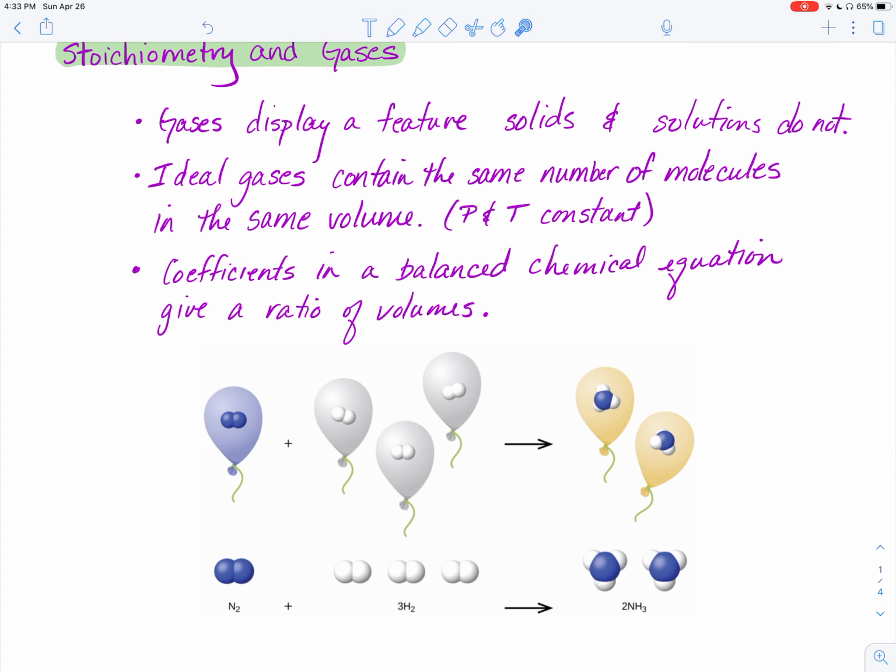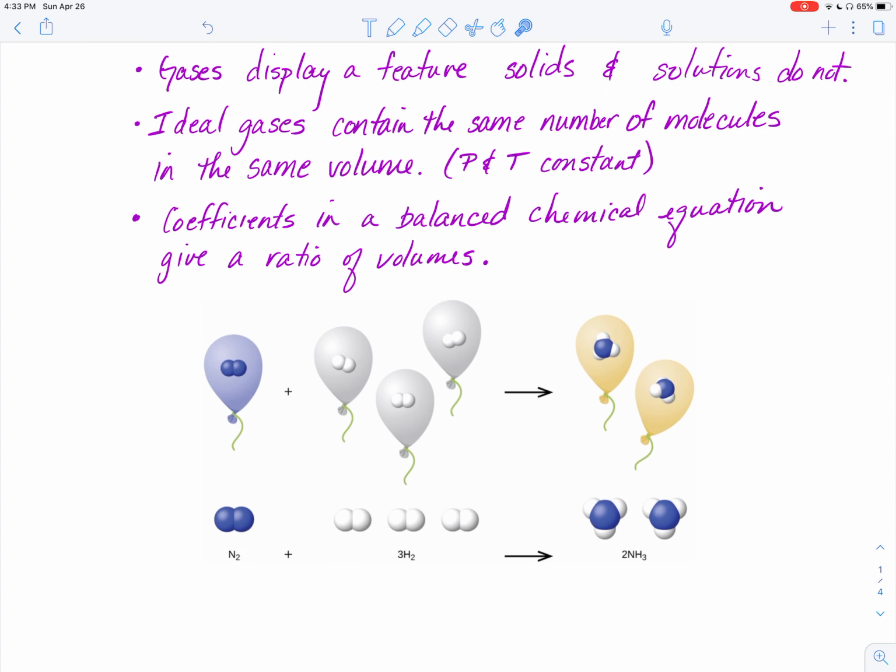In this equation down here, where you have nitrogen reacting with hydrogen gas to produce ammonia gas, the balanced equation of 1 to 3 to 2 suggests that for every 1 volume of N2, you will react 3 volumes of H2 to produce 2 volumes of NH3.